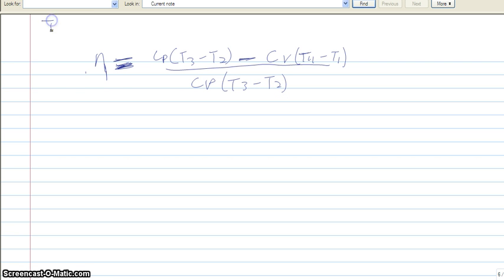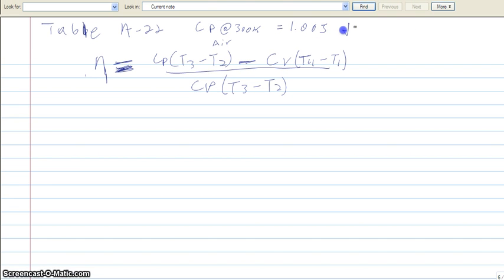If you look at table A22, you'll find Cp at 300 Kelvin for air equals 1.005, Cv equals 0.718.